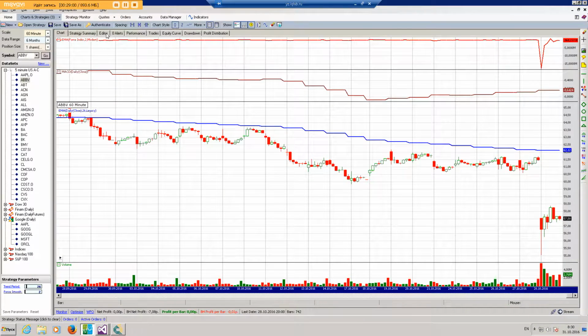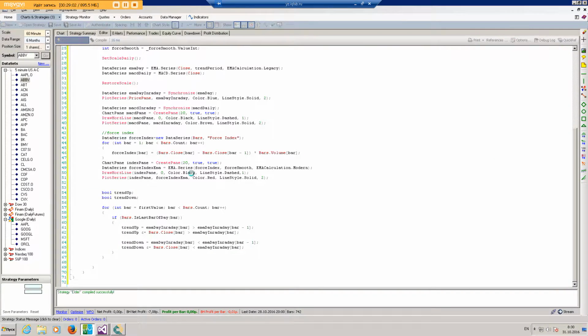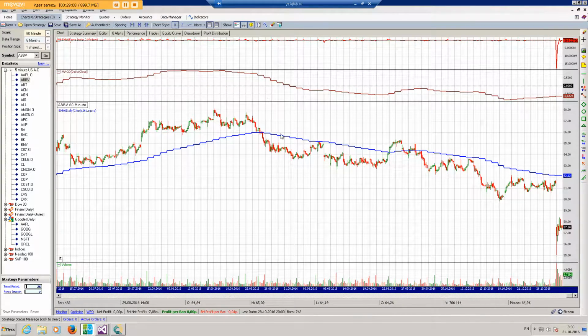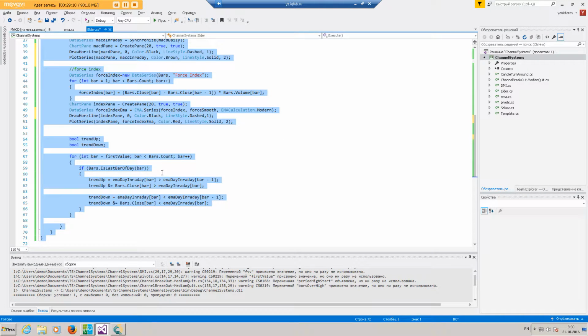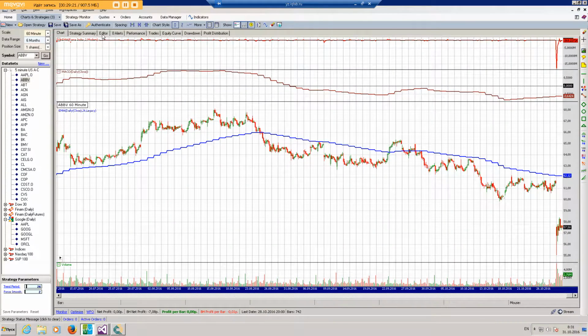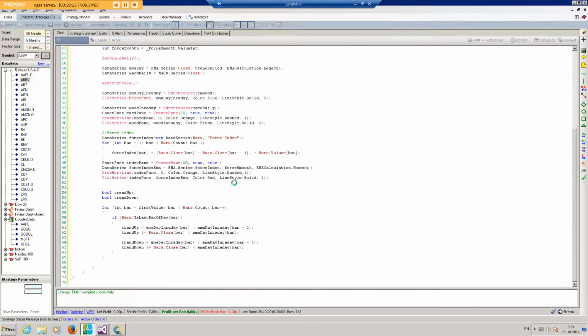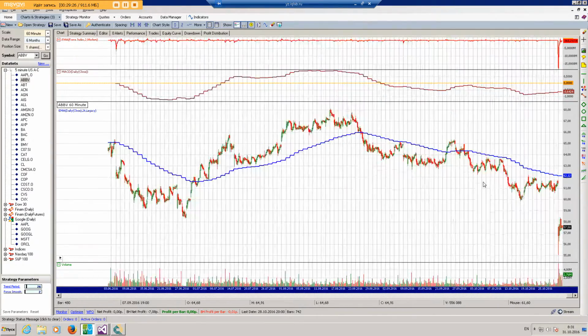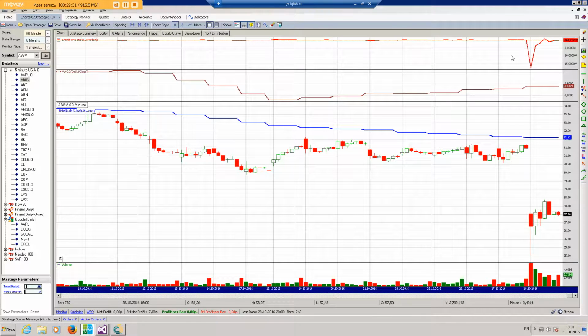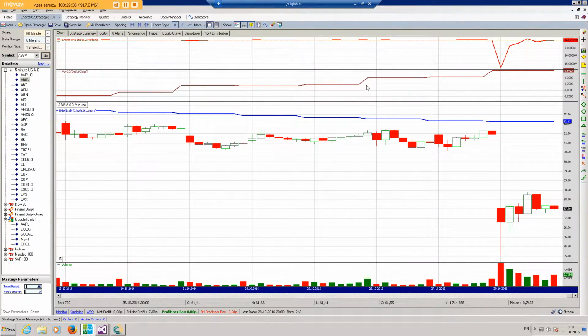Okay, so we can see where it actually crosses the 0, right? So now let's make it a bit more visible, not black, I don't know, orange or something. Can't even see it. Okay. Well, see, because of this dropout here with this volume, you can't even see stuff on the whole force index.